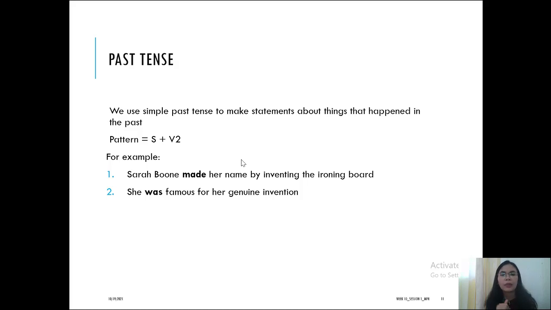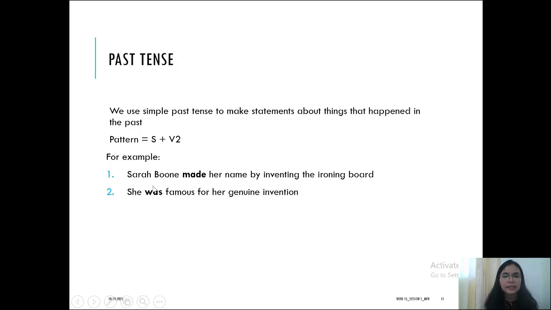The first one is, Sarah Boone made her name by inventing the ironing board, and then she was famous for her genuine invention. The first sentence here is using an action verb, made, from the word make, and the verb two is made.